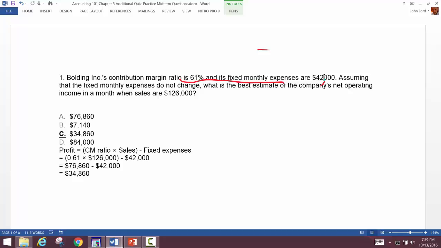Okay, good. So let's take a look at them. Assume monthly fixed expenses do not change. What is the best estimate of the company's net operating income in a month where the sales are $126,000? So I take the $126,000 and multiply that by the contribution margin ratio, don't I? That's 0.61, which generates 76,860.